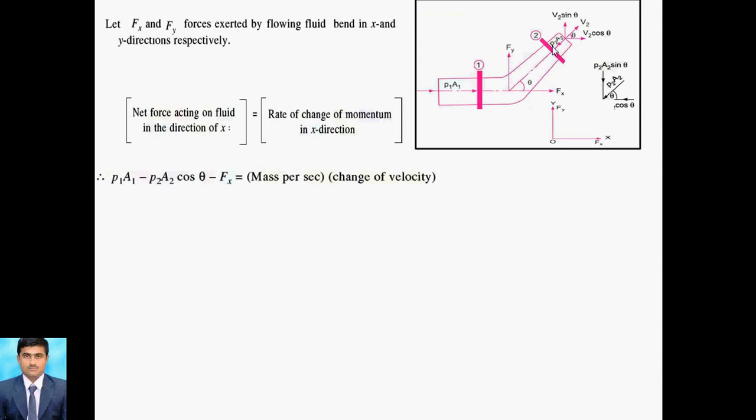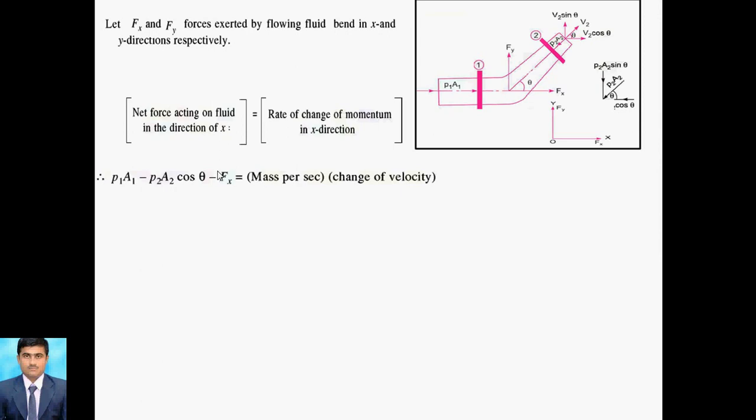This P2A2 is divided into two components. That means P2A2 cos theta, because we are calculating for horizontal forces. This force is in the opposite manner, so I write minus P2A2 cos theta, minus Fx.